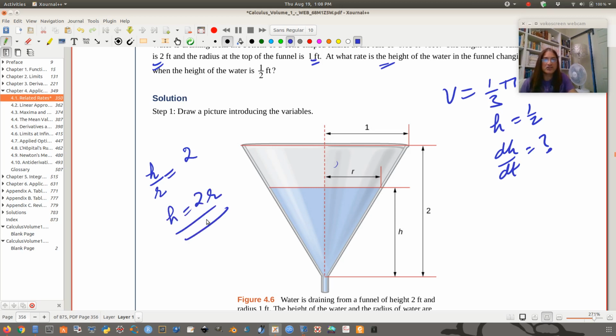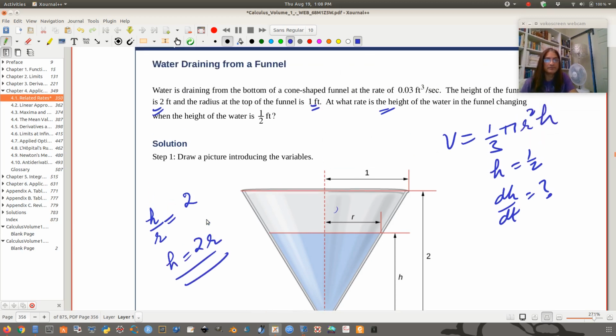That's the relationship between the two. So if we do that, we can replace R by H over 2 in the formula. So V becomes equal to 1/3 pi R squared times H, where R squared is H squared over 4, so this becomes H cubed.